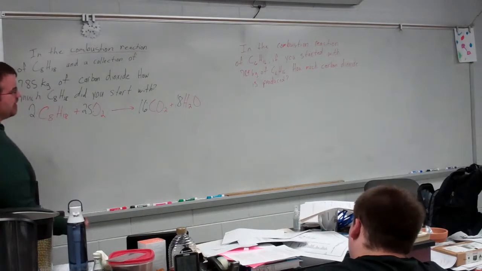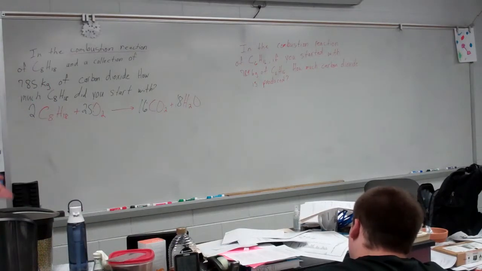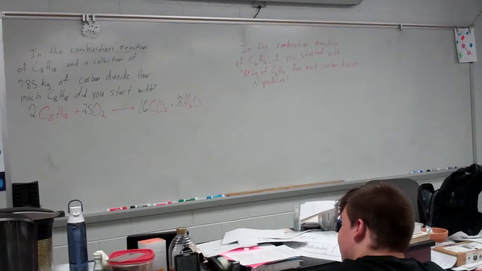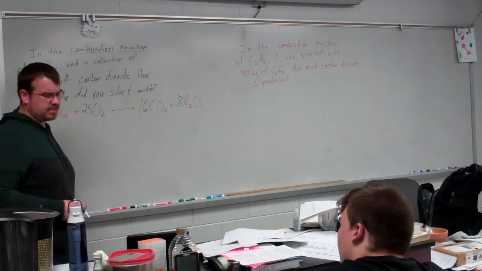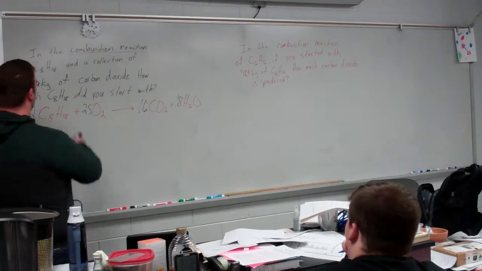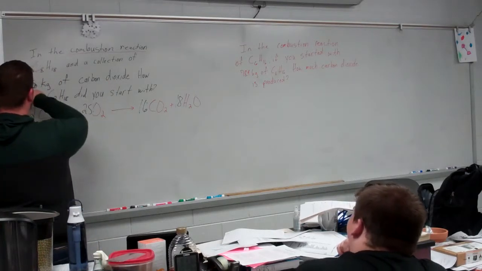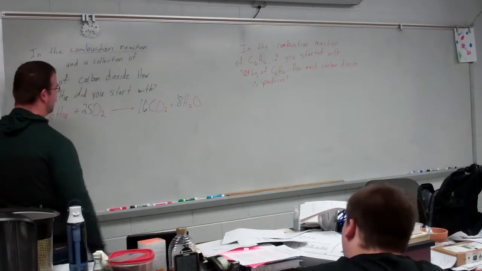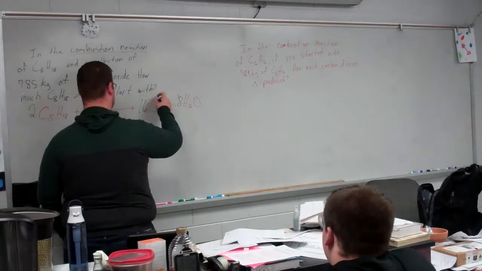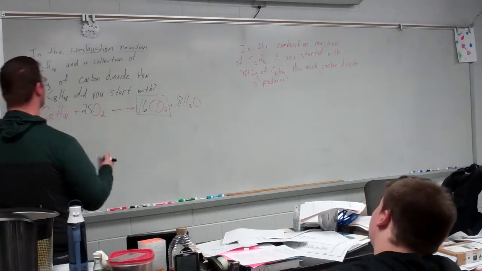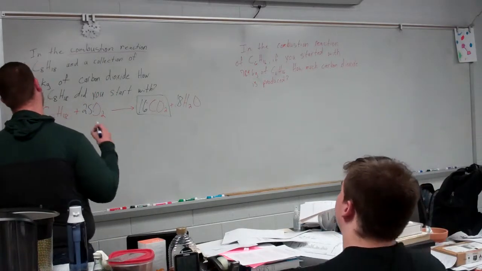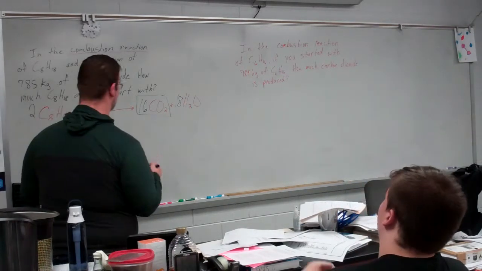So now here's the thing. You have to choose your starting point and your end point, where you're going, to make sense of what we're trying to do here. So in this case, we're starting with carbon dioxide. I gave you 7.85 kilograms of carbon dioxide. So I'm starting here. How much C8H18 did you start with?